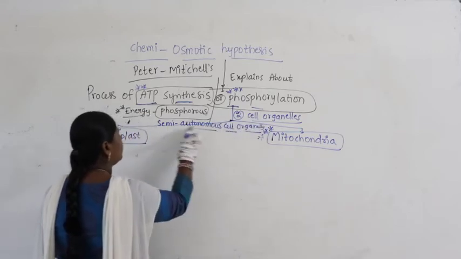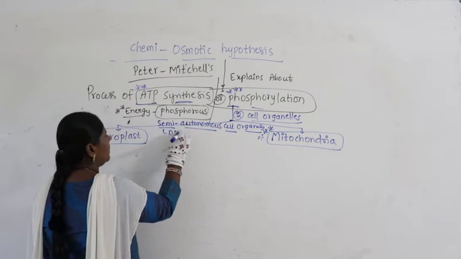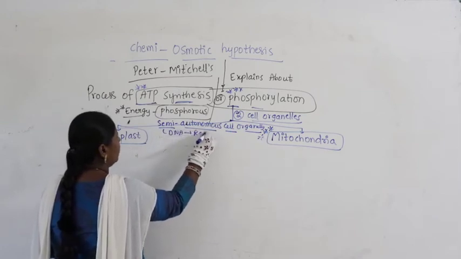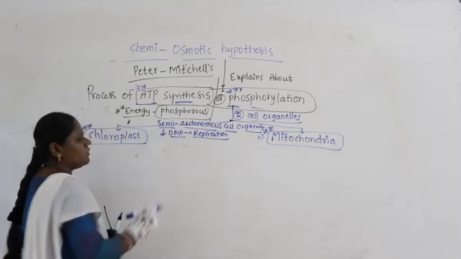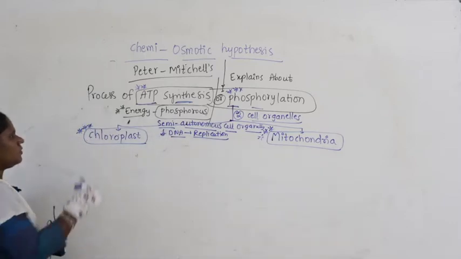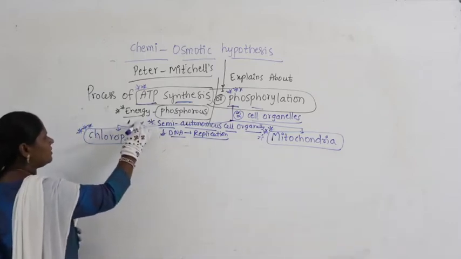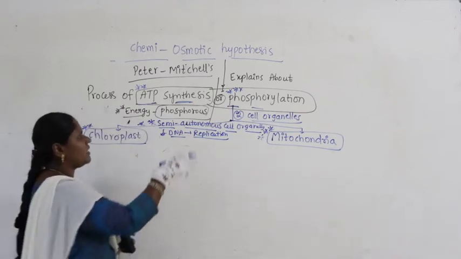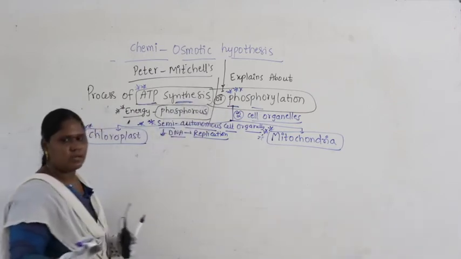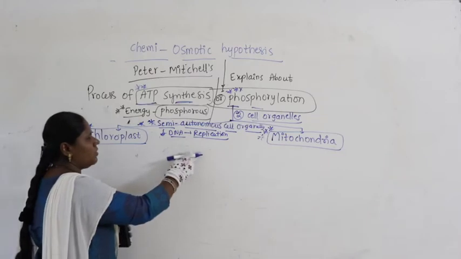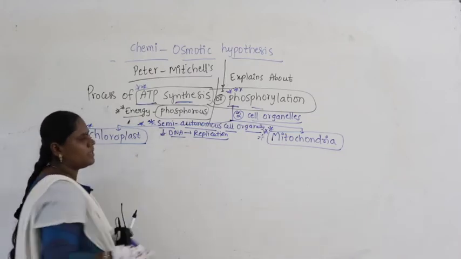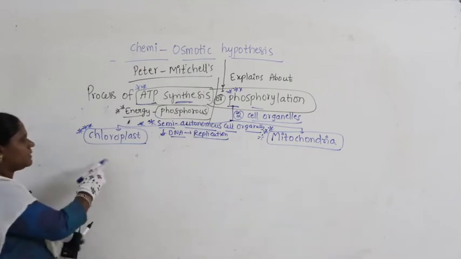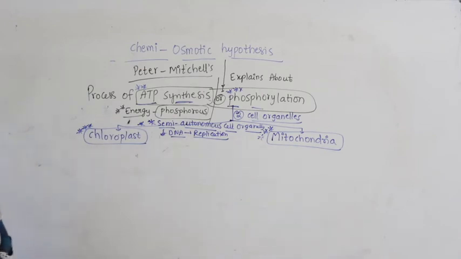Because they have their own DNA, and DNA has the ability to undergo replication. We studied this in support in the last class. So where energy synthesis occurs, where ATP synthesis occurs, where phosphorylation occurs means semi-autonomous cell organelles, because they have their own DNA, it undergoes replication, and they are chloroplast and mitochondria.